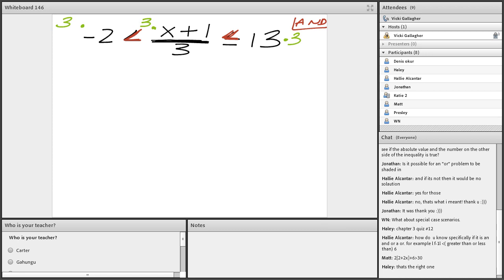So it's really important that you're multiplying in 3 places by the number 3. And in the middle, we're actually not going to multiply by 3 because the 3's are going to cancel. And so I'm just left with the numerator, which was the x plus 1. On the left side, 3 times -2 is -6, and on the right side, 13 times 3 is 39.